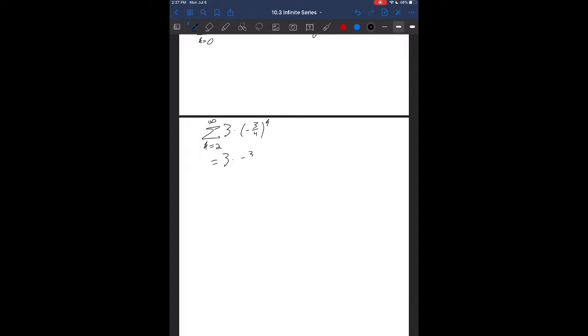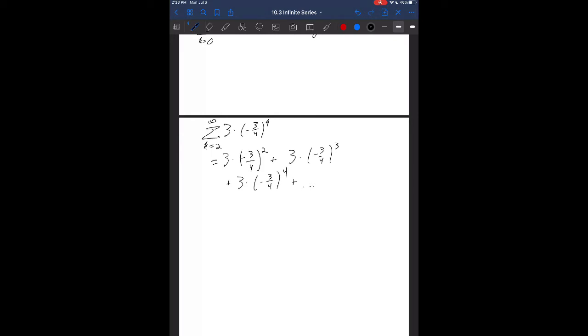So this is going to be equal to 3 times negative 3/4 squared plus 3 times negative 3/4 cubed plus 3 times negative 3/4 to the 4th. So we can see between subsequent terms we are multiplying by a negative 3/4.